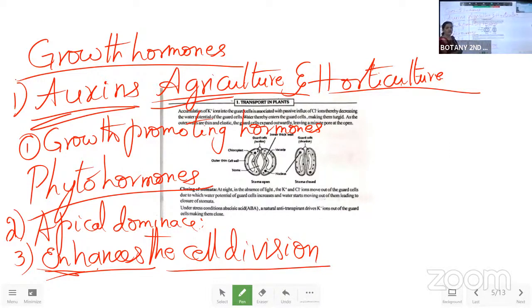That is, in agriculture also we can use it, as well as in horticulture. In agriculture, if we use it with sugarcane, then the stem length will be more and the leaf will be more. With this, the sugar formation, the thickness of the stem will be more, sugar content will be more for us, more juice, more sugar.